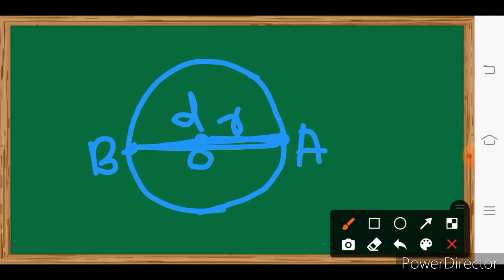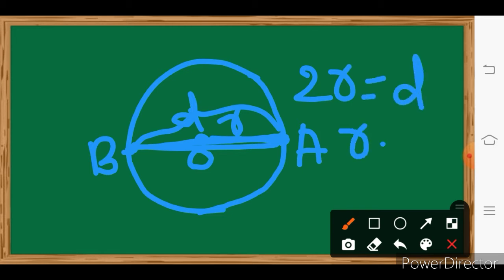The relation between d and r is 2r equals d, so r equals d by 2.